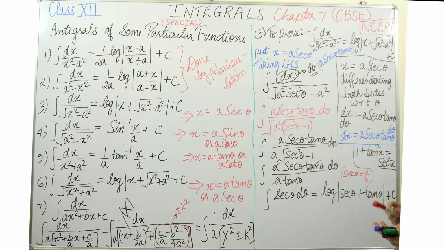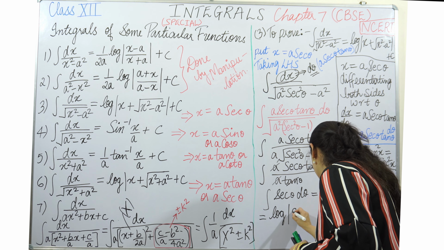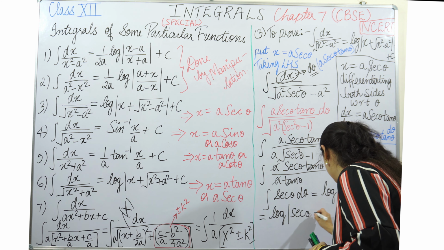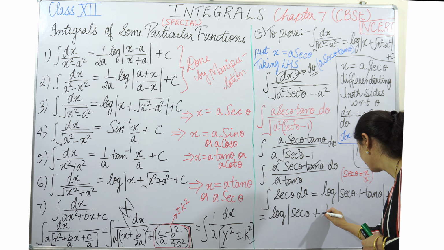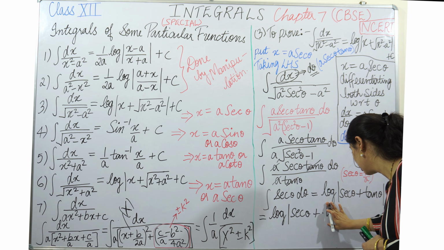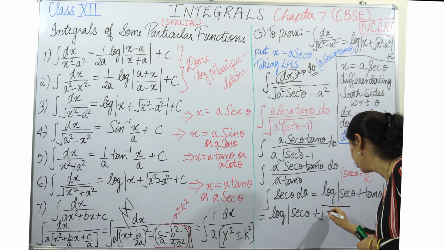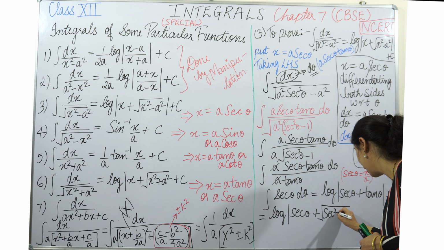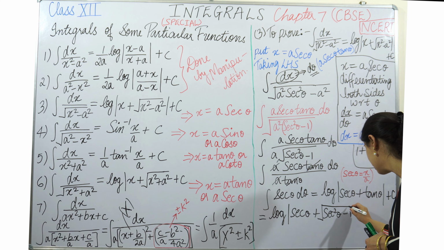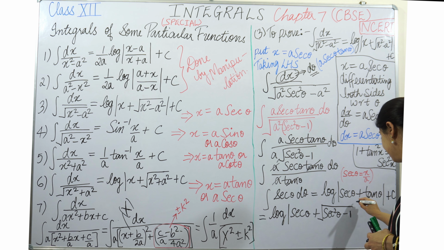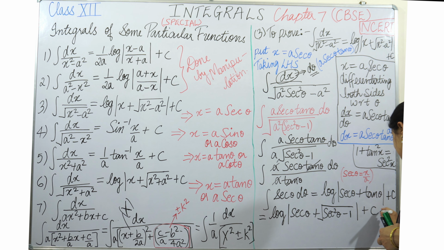So it will be log sec theta plus under root sec square theta minus 1 plus c.